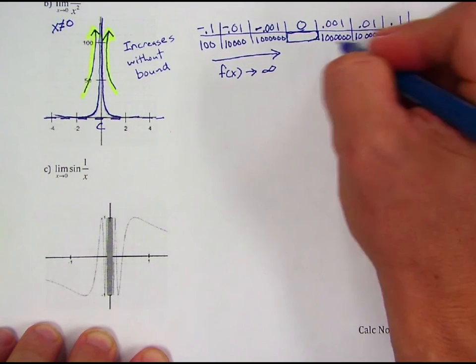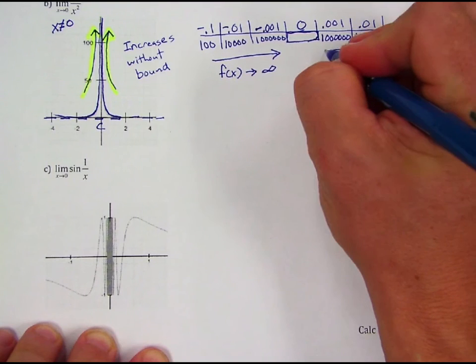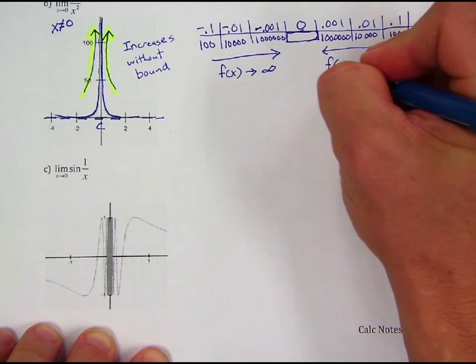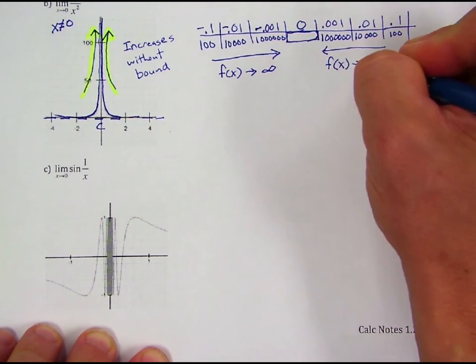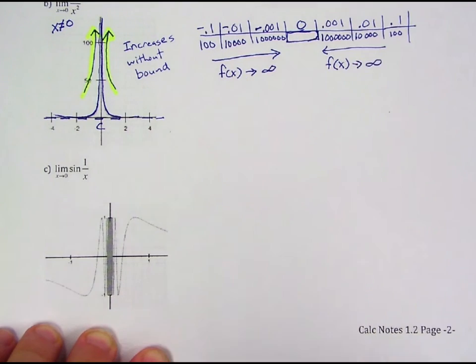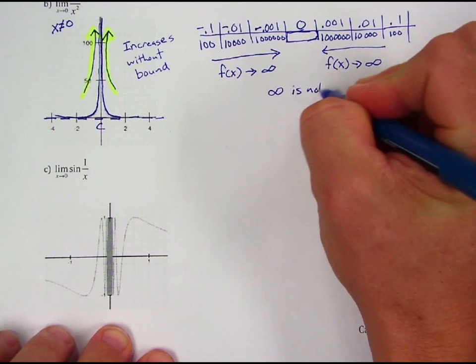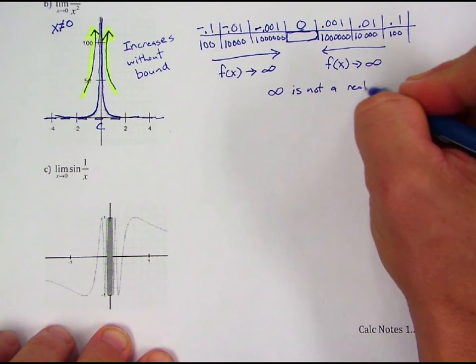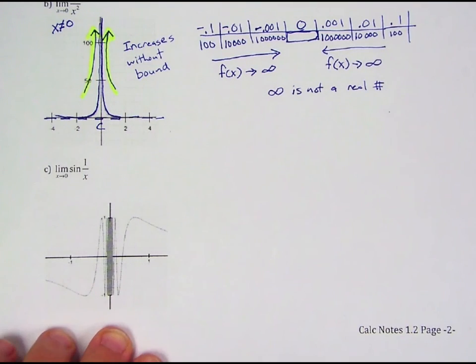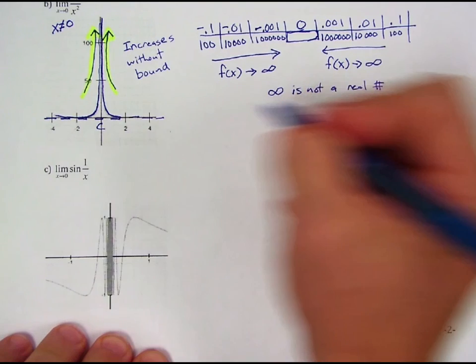From the right side, the same thing is true. So f of x is going to increase without bound, going towards infinity. Now it turns out infinity is not a real number. Therefore, the limit does not exist.